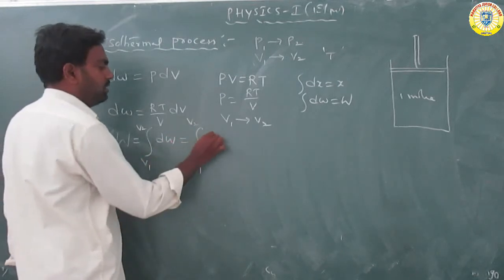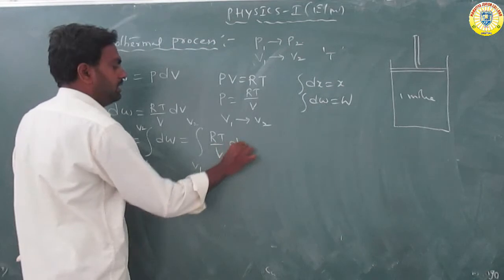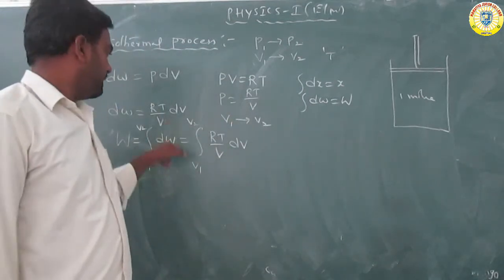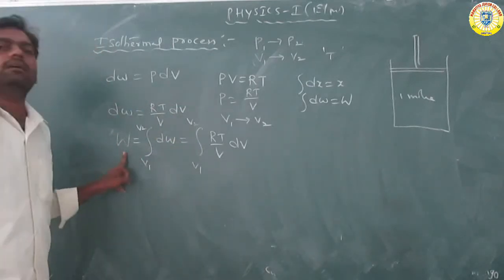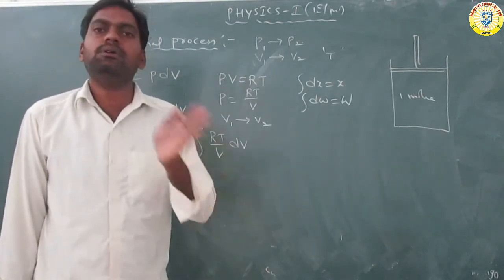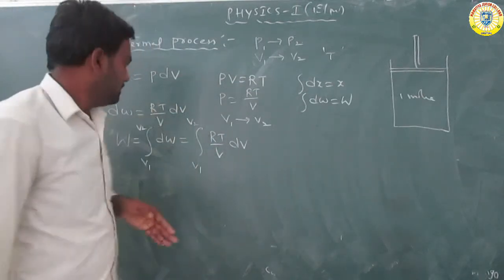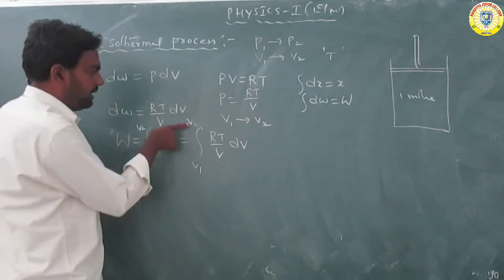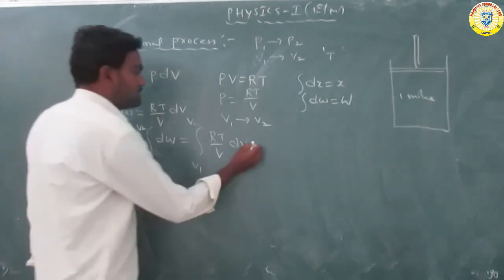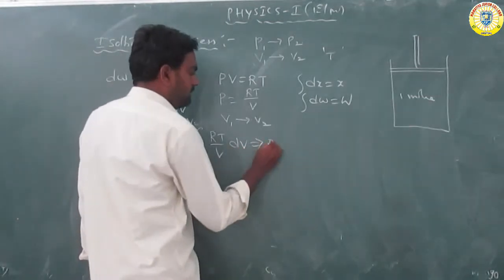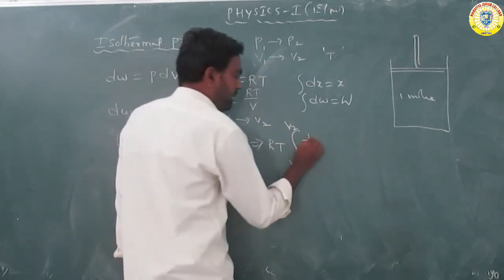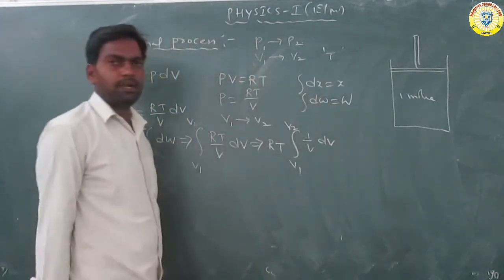We found that dW is equal to RT by V dV. Integrating gives the total work done W, which is the integral from V1 to V2 of RT by V dV. RT is constant, so the constant term is taken outside, and the remaining equation is the integral from V1 to V2 of 1 by V dV.